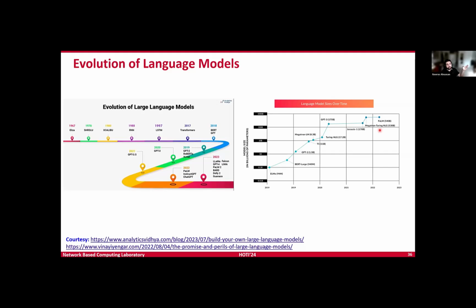So we're talking about, what, like 1,000 times the size here. With this exponential growth, we also need a lot more computational and memory capacity to be able to train all of these parameters for a single model.